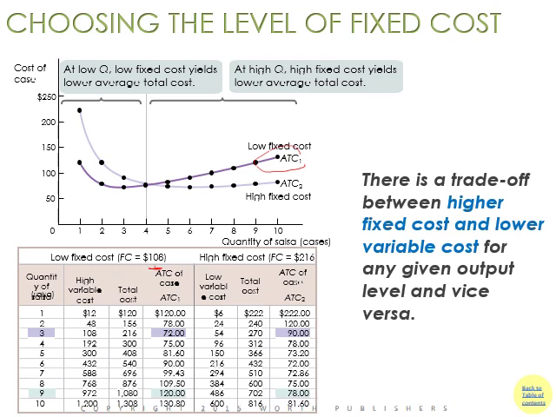Okay, now we're saying that this firm, if the time frame is long enough, can expand the size of their plant by investing in physical capital. And in this case, the fixed cost is $216.